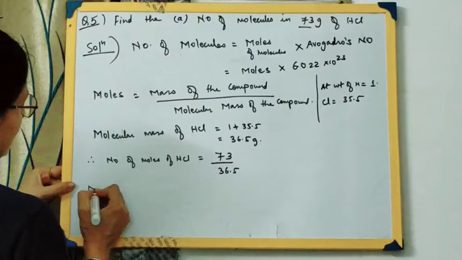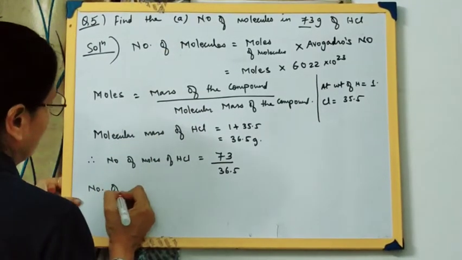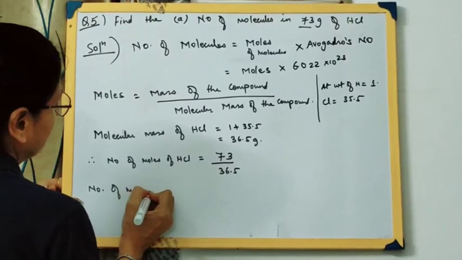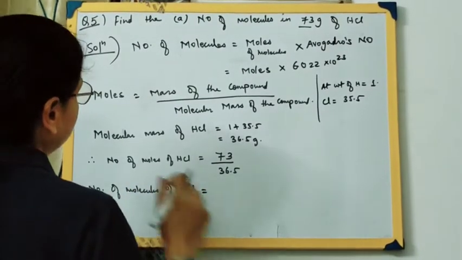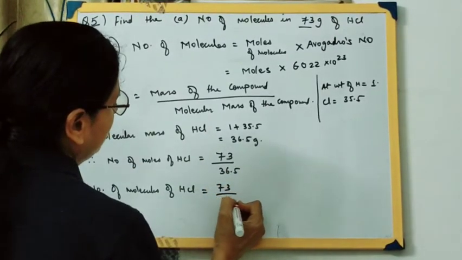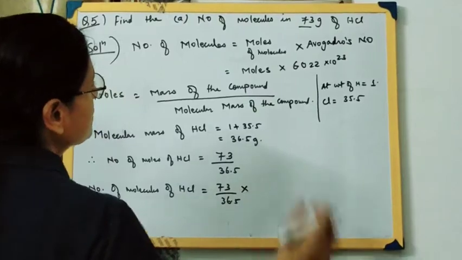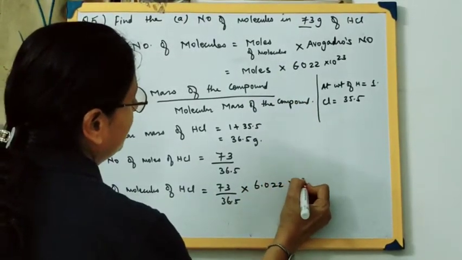So number of molecules, we come back over here to this particular thing, number of molecules of HCl. So that will be what? Number of moles is this much, that is 73 upon 36.5, into Avogadro's number, that is 6.022 into 10 to the power 23.